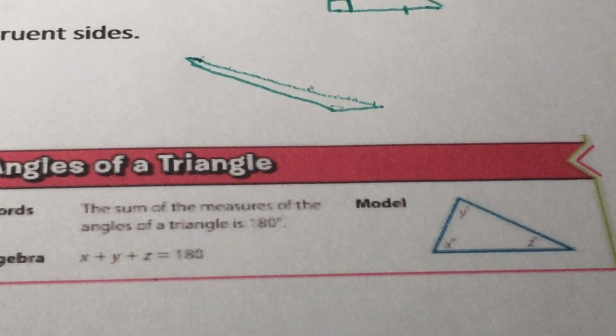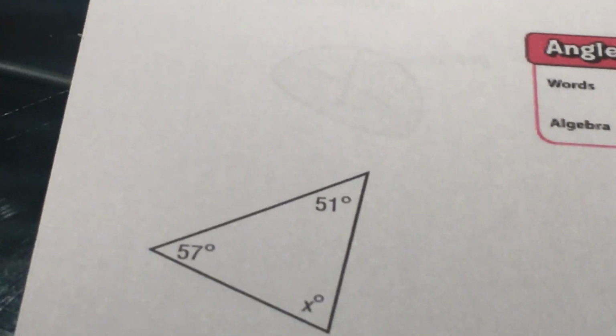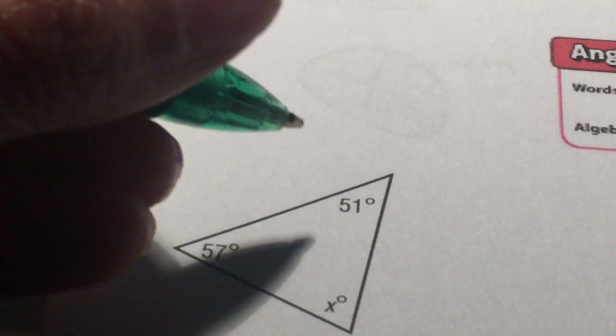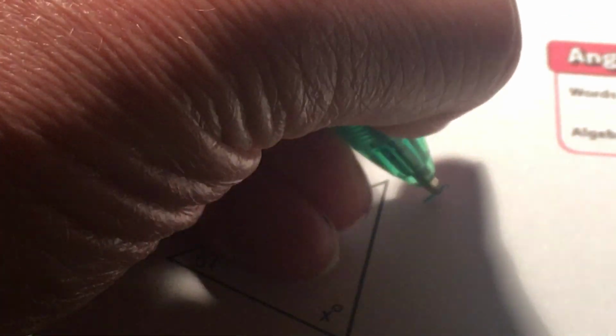So when I look here, if I come down now to my first problem right here, I have three angles. They told me 51 and 57 and x, which I don't know. So I can put x plus 57 plus 51 is 180.